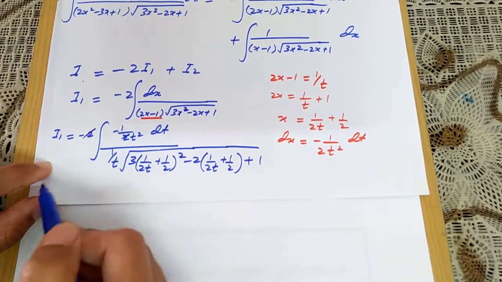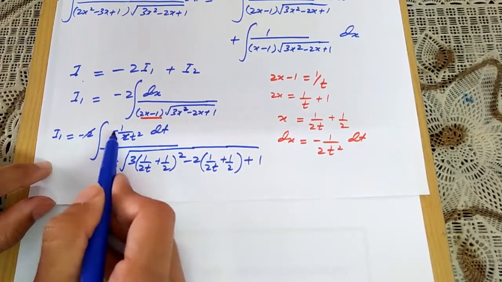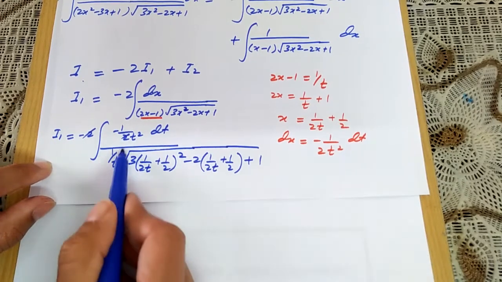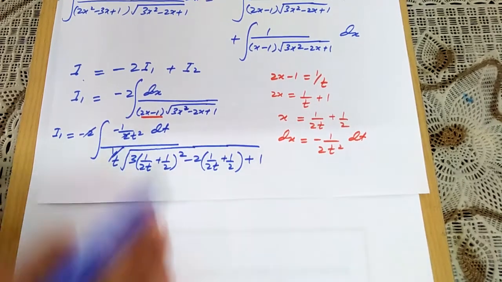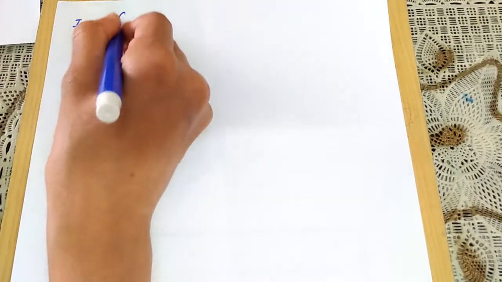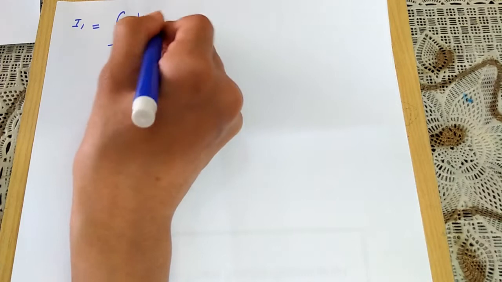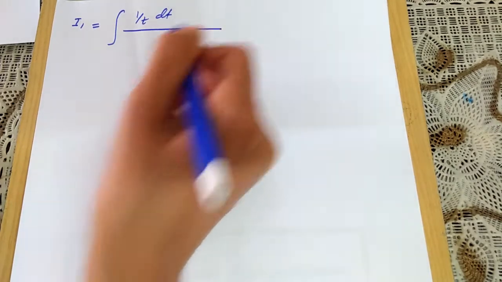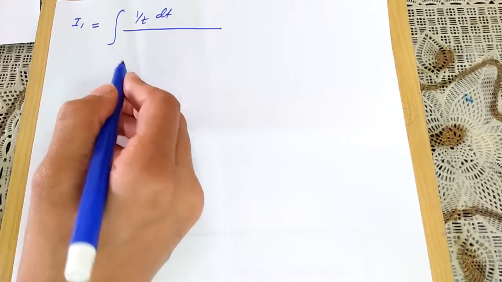This 2 and this 2 cancel. The negative becomes positive. 1 over t cancels with this 1 over t. So I will be left with I1 equals the integration of 1 over t dt divided by the denominator.